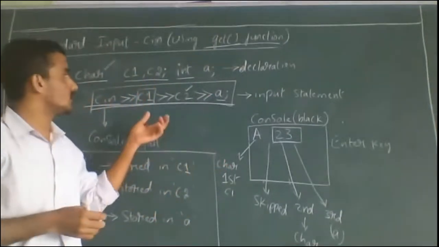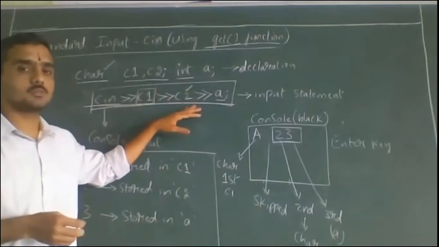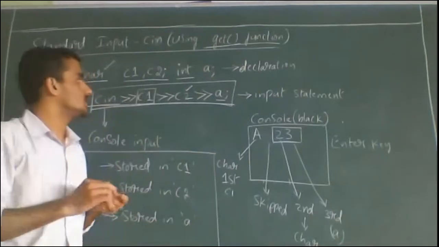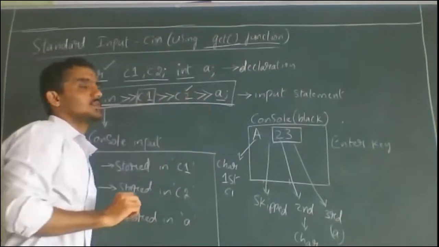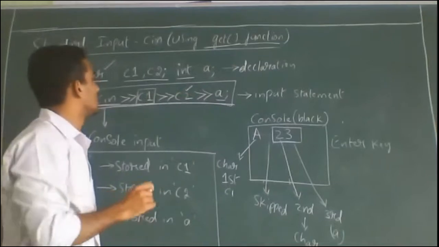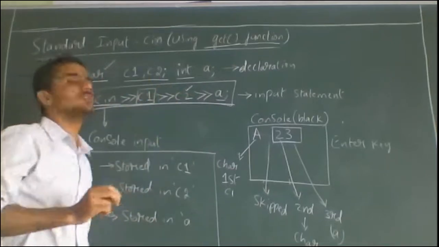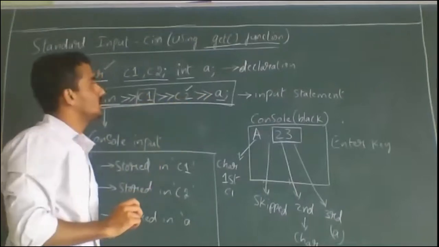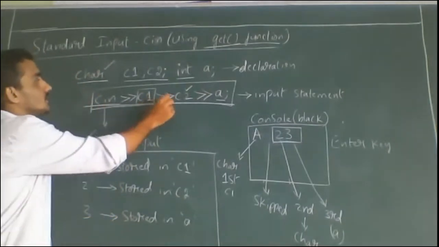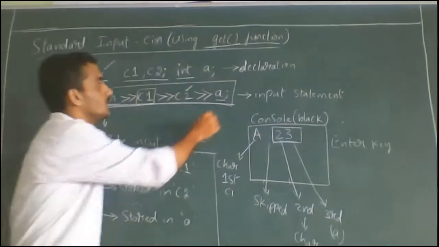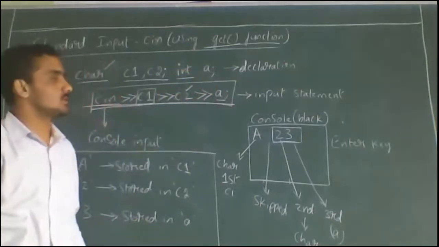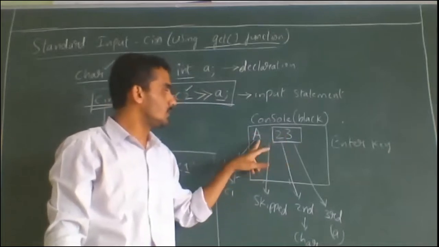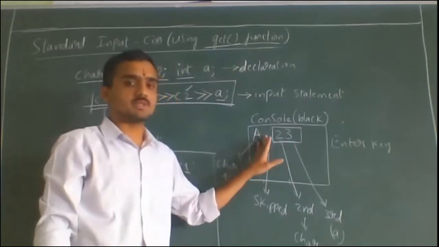Whenever you consider the declaration statement and input statement, and when you give the input values in the console screen, you have to see 2 things: the variables you have used in cin statement, that is the number of variables, then the data types associated with those variables. In this case, we have used C1, C2 and A variables, 3 variables, and data types are character for C1 and C2, and integer for variable A. So when we give the input sequence A space 23, A will be stored in variable C1, blank space will be skipped.